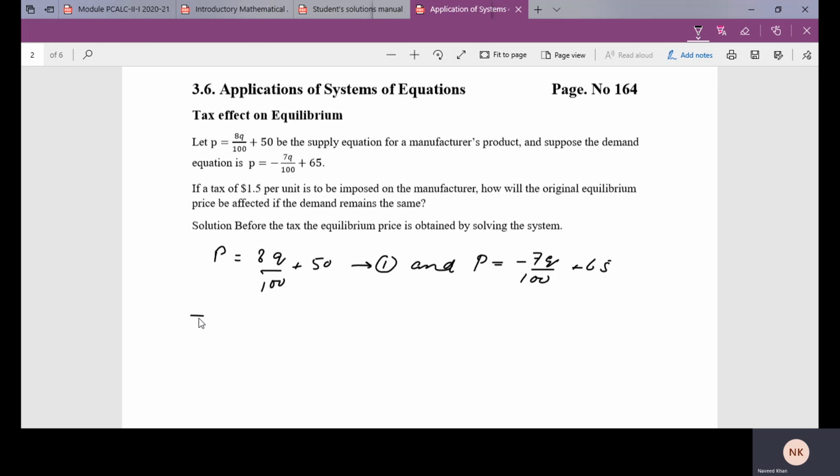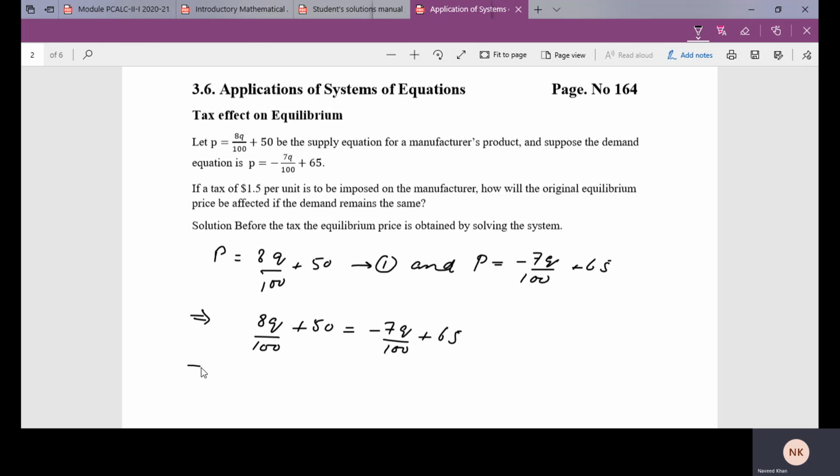Okay, but we need to find out the equilibrium price, the balance price, where the supply equation and the demand equation both become the same. They will be equal. So now 8q by 100 plus 50 is equal to minus 7q by 100 plus 65.